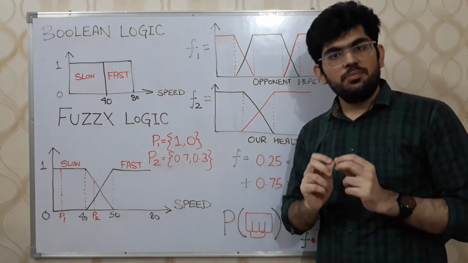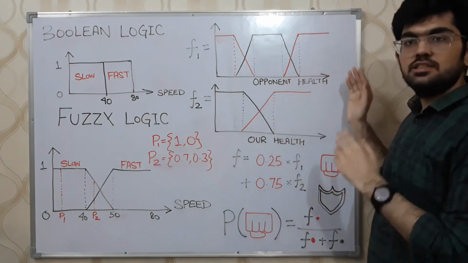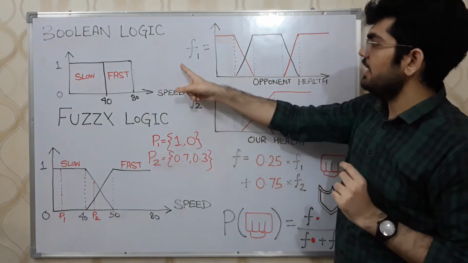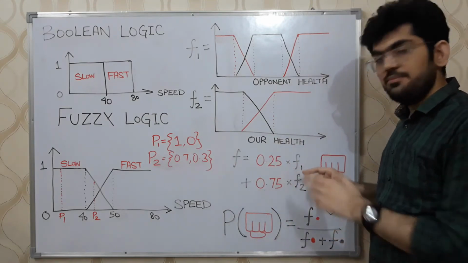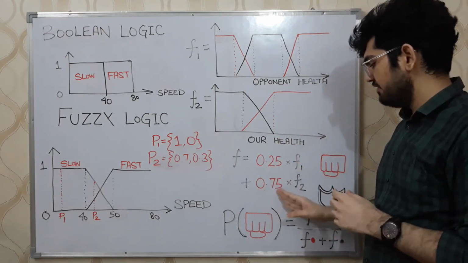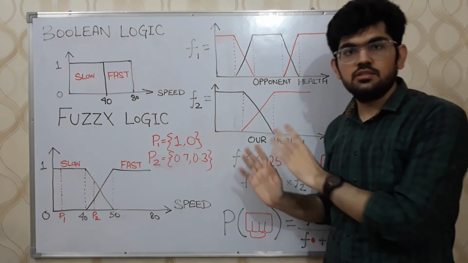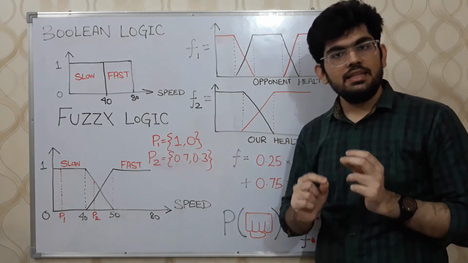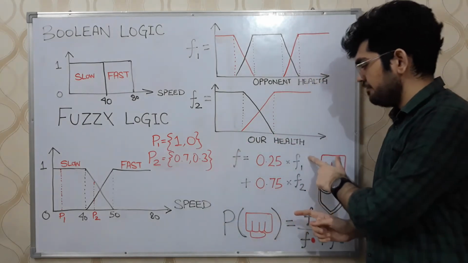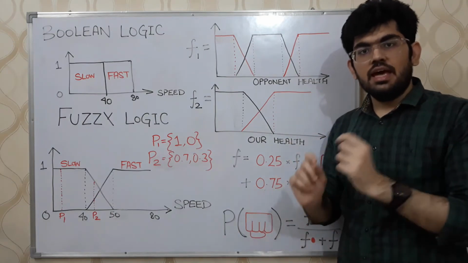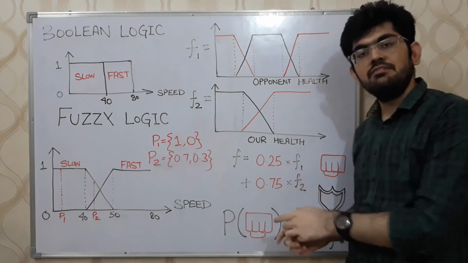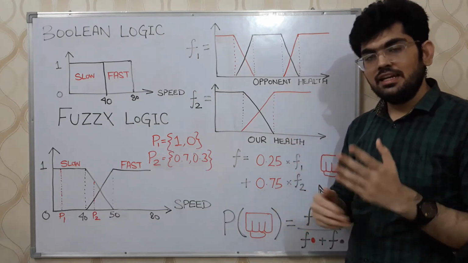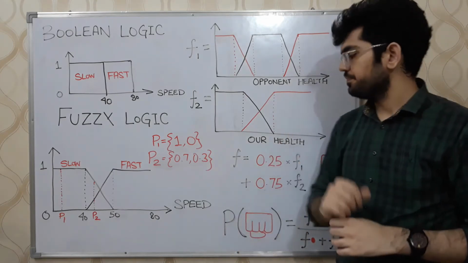Okay, so once we obtain the fuzzy variables from these two membership functions, which are f1 and f2, we combine them linearly: 0.25 times f1 plus 0.75 times f2. How does this work? We multiply the offensive behavior of f1 with 0.25 and the offensive behavior of f2 with 0.75, add them up and get a new offensive behavior.